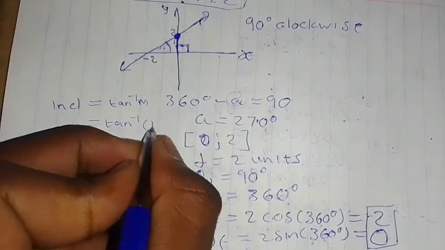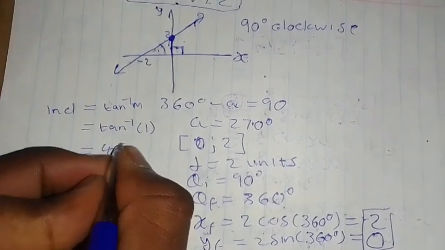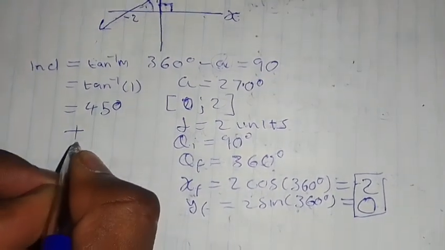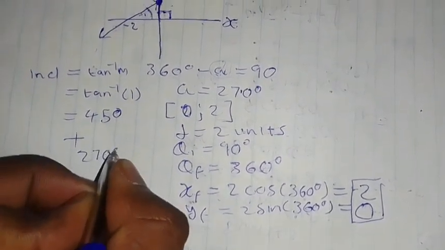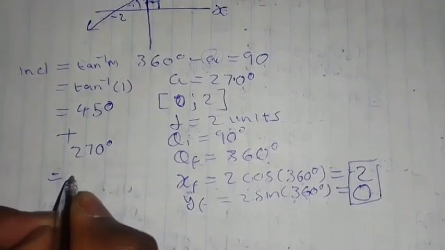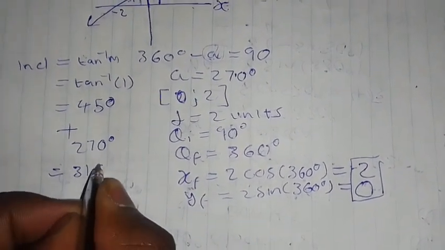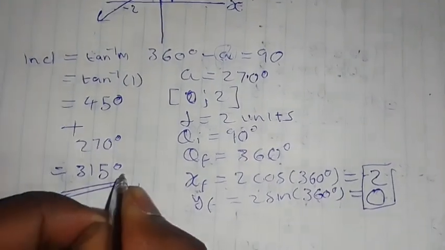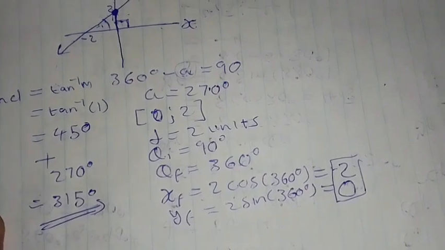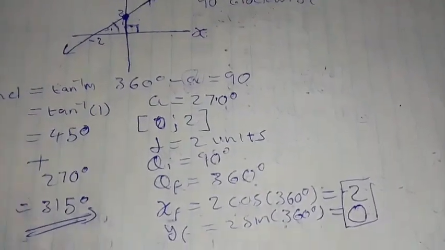So arctan 1 is just going to be 45 degrees. And now you add the rotational angle, which is 270 degrees. So when you add that, you're going to have 315 degrees. That's the new inclination angle, measured with respect to the positive x-axis.